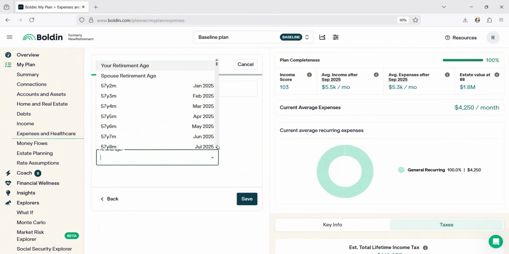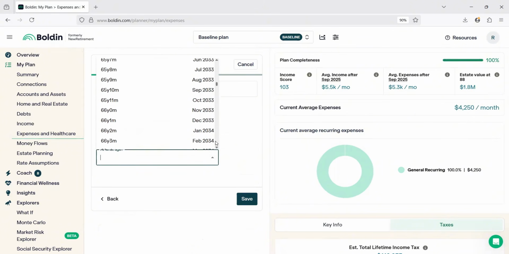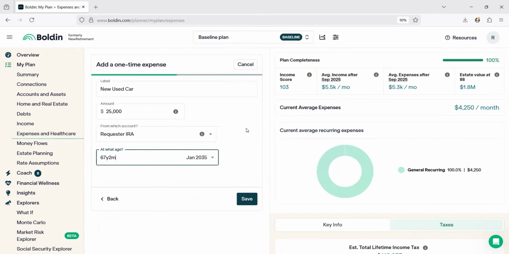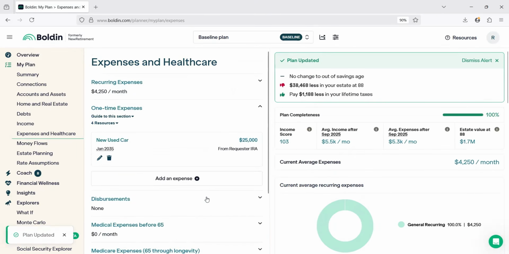And let's say that you think your car will make it about another 10 years. So that's going to come out, let's put it at January 30, 35. And you think that that one will get you through to the end of your lives. Okay. Might not. Okay. All right. So that's taking money out.